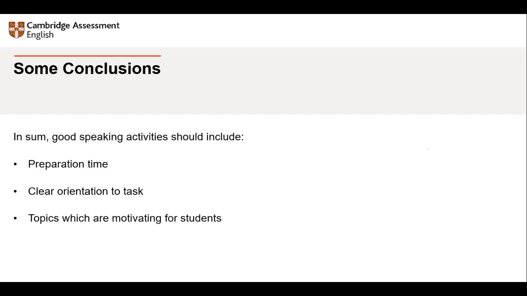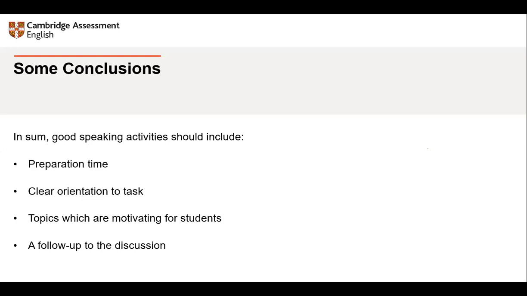Well, we need topics that are motivating for the students, and usually common topics at A2 level, things that are around them, part of their routine, their lives, will be easier for them. And we need a follow-up to the discussion.